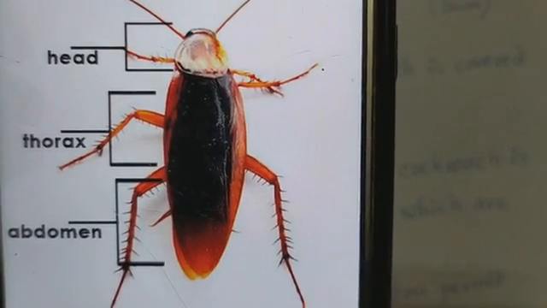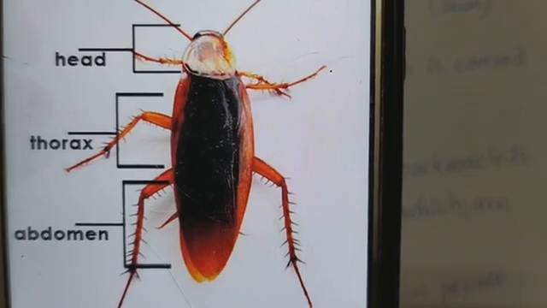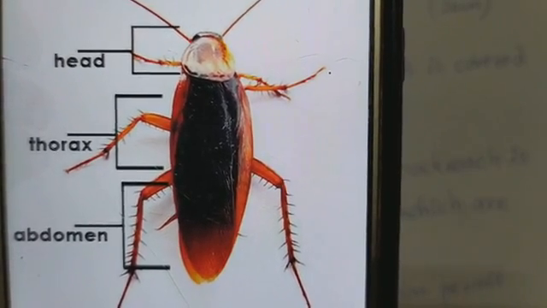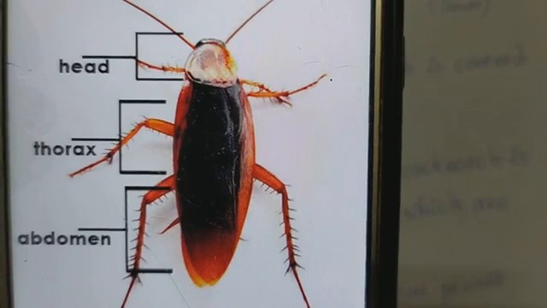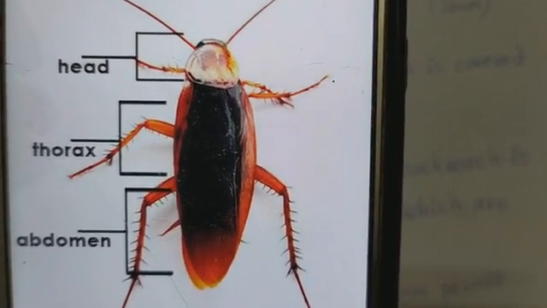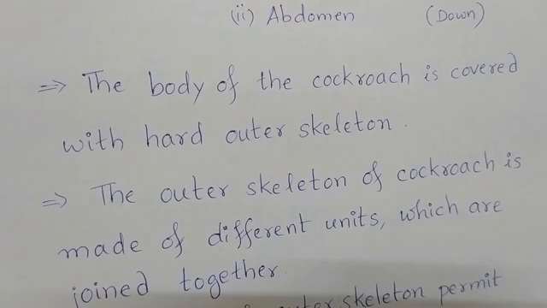There is a head, a thorax, and an abdomen. So totally three parts are there: head, thorax, and abdomen. Why these regions are there, we will slowly come to know now. The body of the cockroach is covered with a hard outer skeleton.